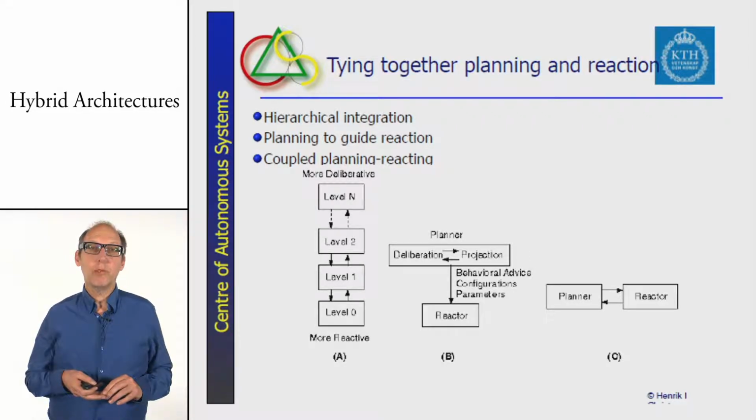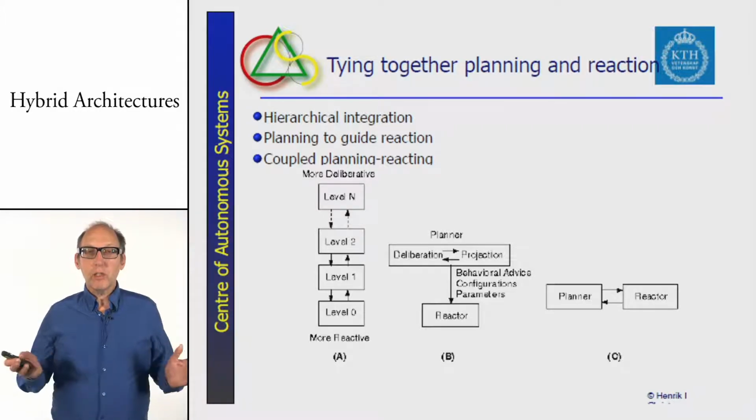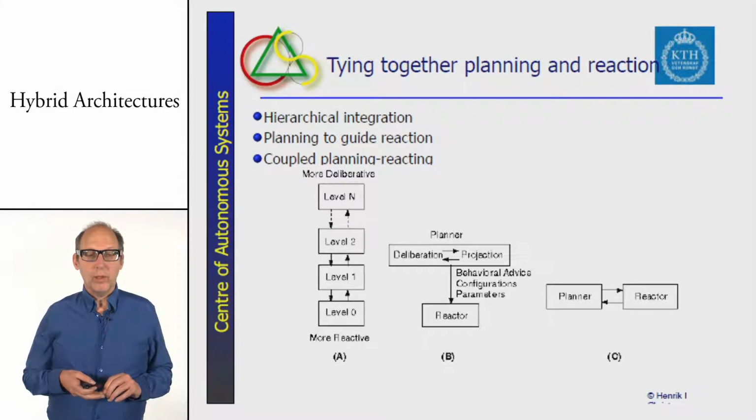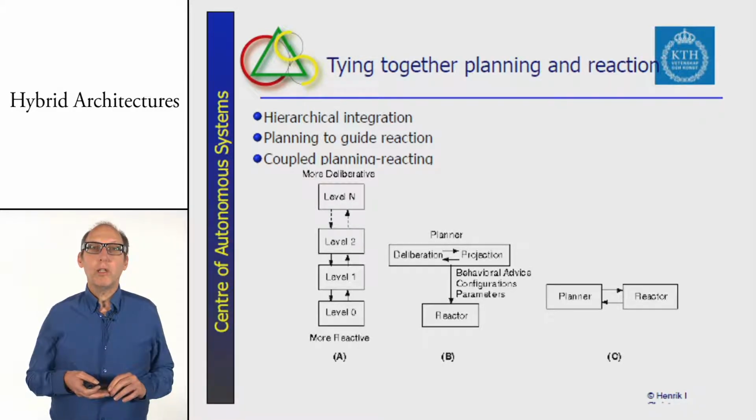But for the rest, the reactor always continues, only with slightly different settings. In the end, you have a very tight coupling between the planner and the reactor. And what you typically see is that you use the planner as a sort of virtual sensor that can see the future.